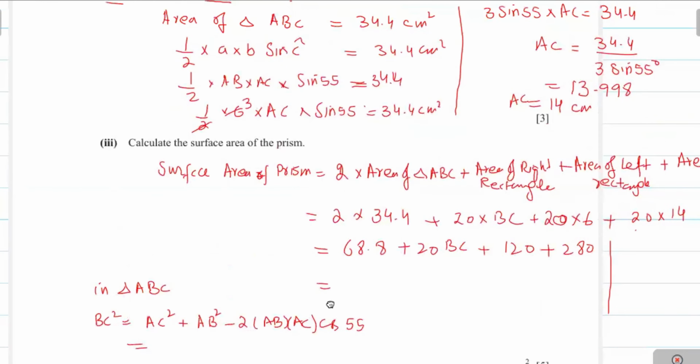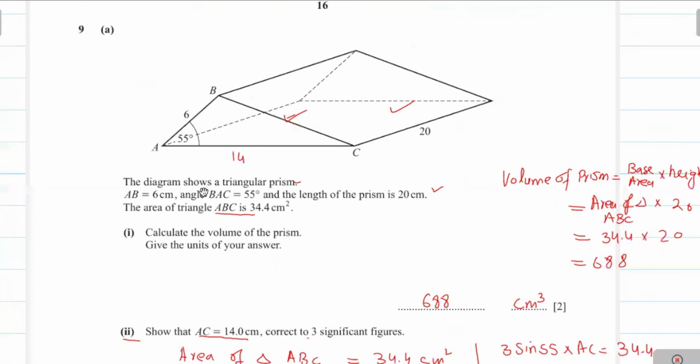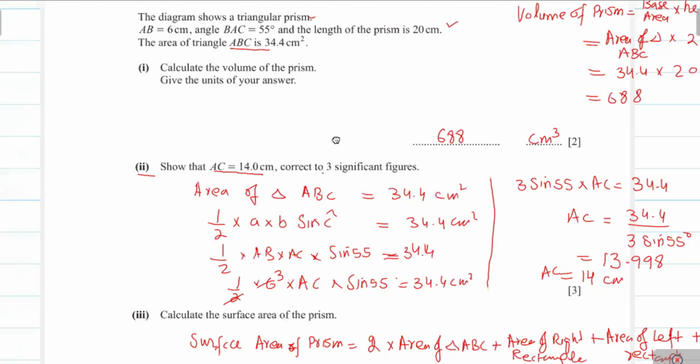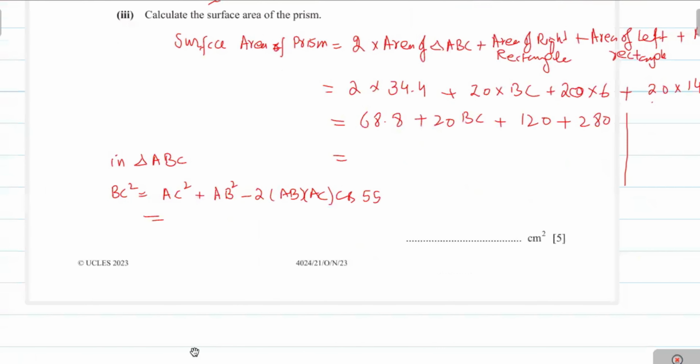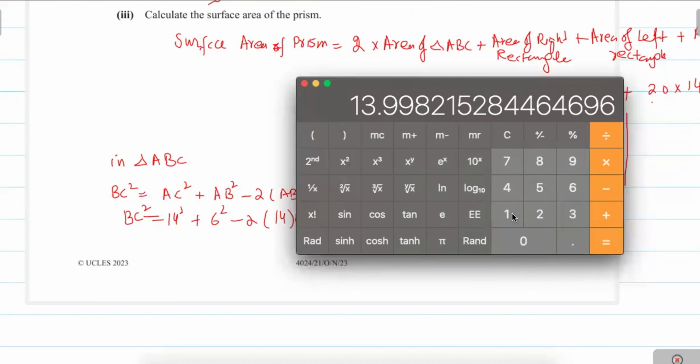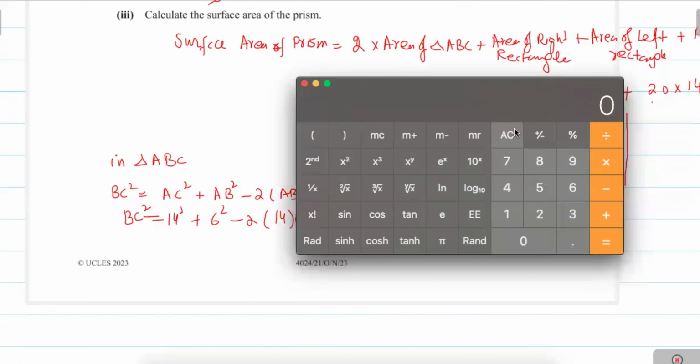AB is 6 centimeters, AC is 14, so 14 square plus 6 square minus 2 times 14 into 6 into cos 55.